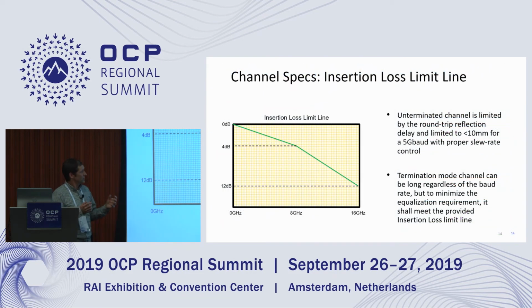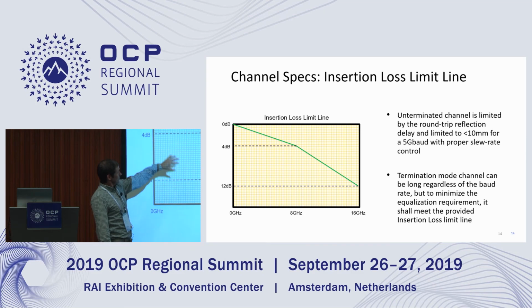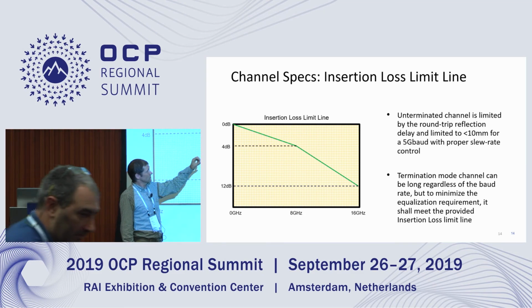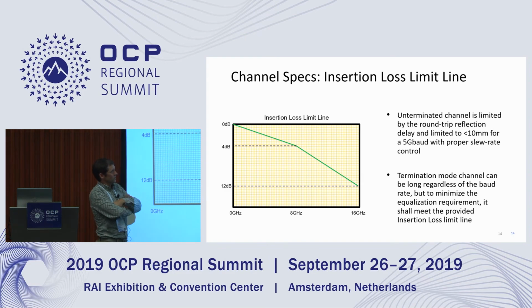Okay, so now the channel specs. First, for insertion loss, in what used to be the base mode or the unterminated mode, there really is no insertion loss spec, and this is going to be the same for all of the specs. The spec is really for the terminated mode. The reason that the unterminated doesn't have an insertion loss spec is that you're more dominated by reflections.